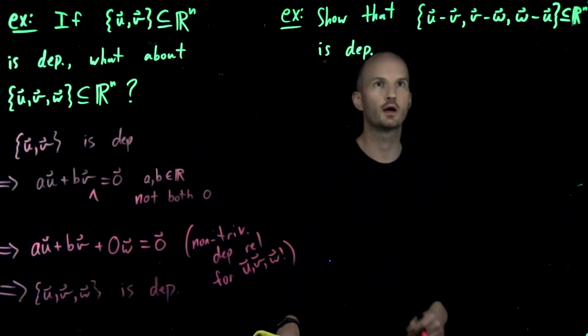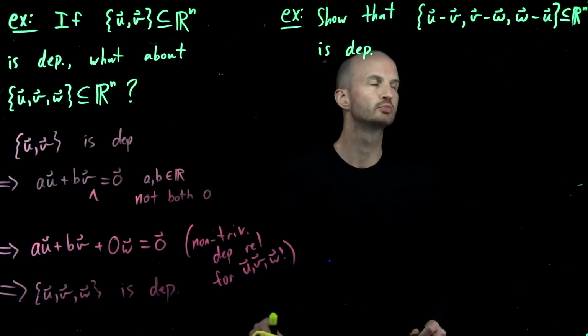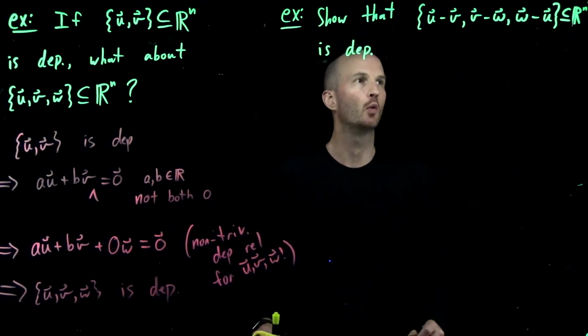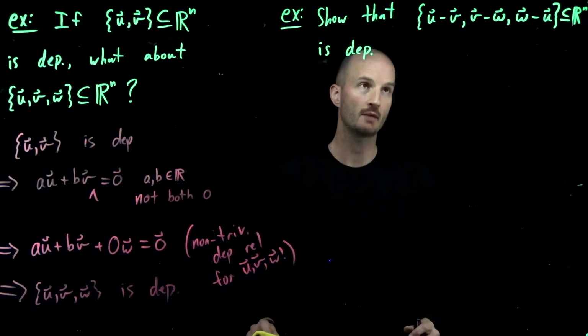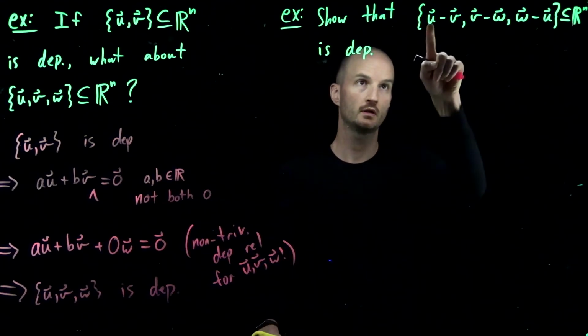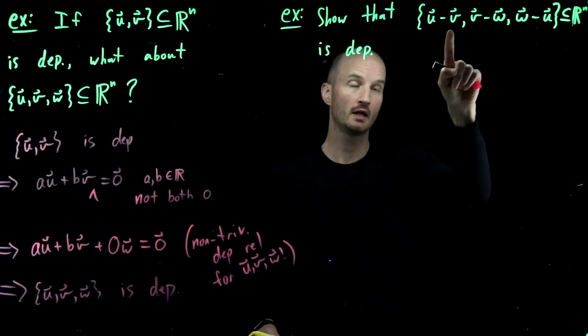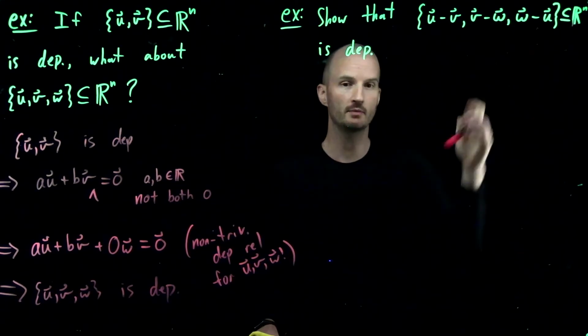So this just requires a bit of, shall we say, noticing awareness. If I add these three together, what happens? U cancels with U, V cancels with V, W minus W cancels with plus W.